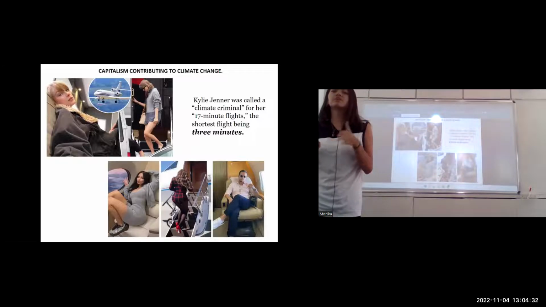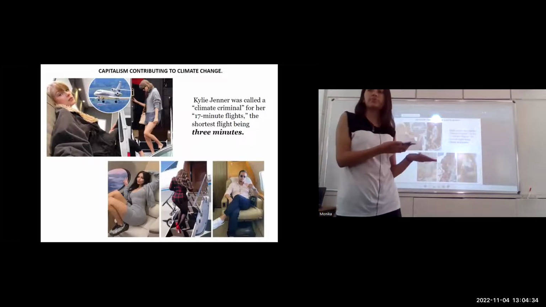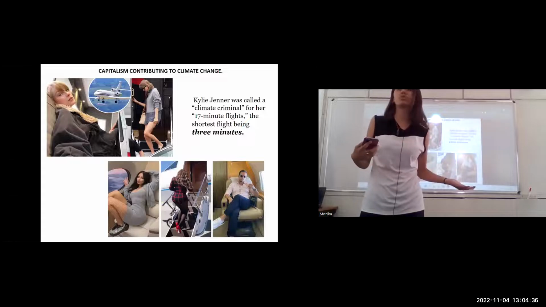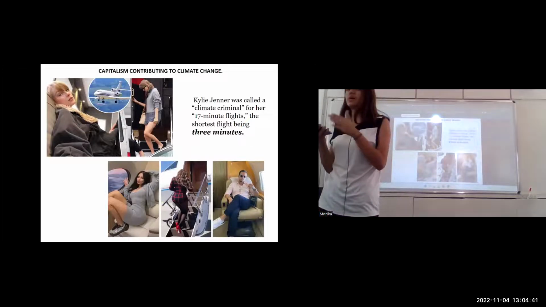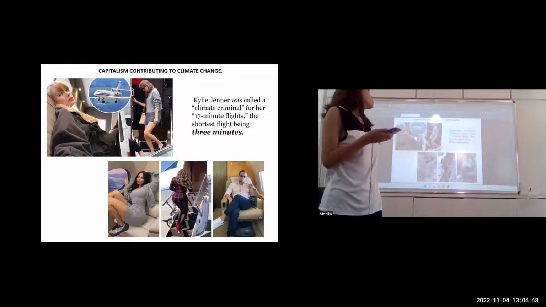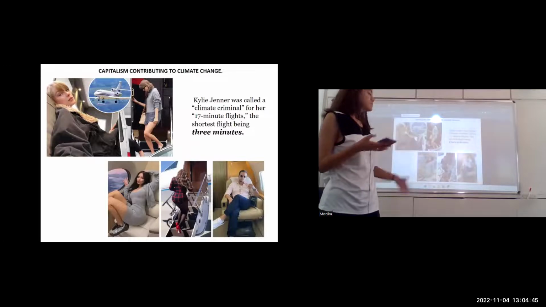Even within these countries, there are people in the lower strata of society that don't contribute that much, but the country overall still does. So that disparity still exists within these countries, which is obviously impacted directly by capitalism.